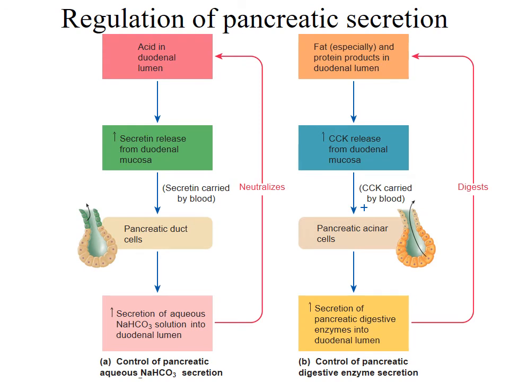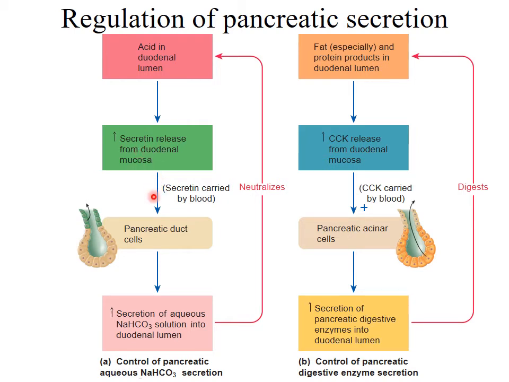Let us now see the regulation of pancreatic secretion. Whenever acid content enters the duodenal lumen, it will release the hormone secretin. Secretin is released from the duodenal mucosa into the blood because it's a hormone.